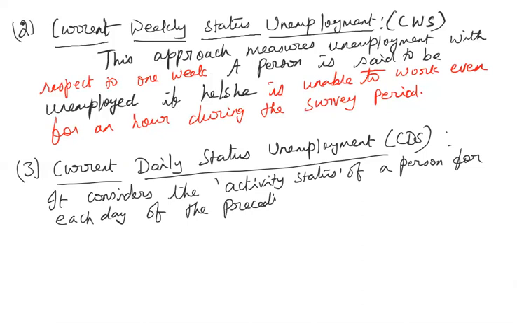Preceding 7 days means that today the agency is making the survey, so starting from yesterday, the previous 7 days, they will check the activity status of a person. Out of those 7 days, if a person works even one day for 4 hours, he is considered to be totally employed, fully employed.